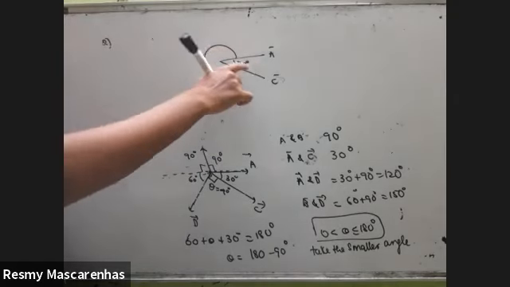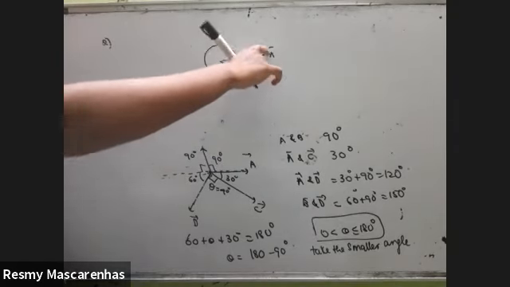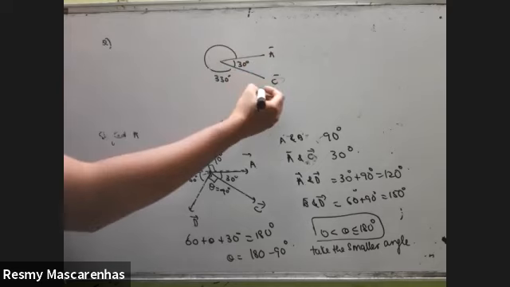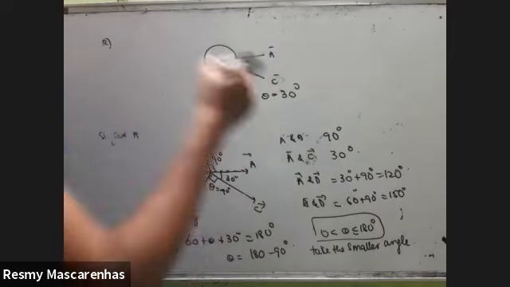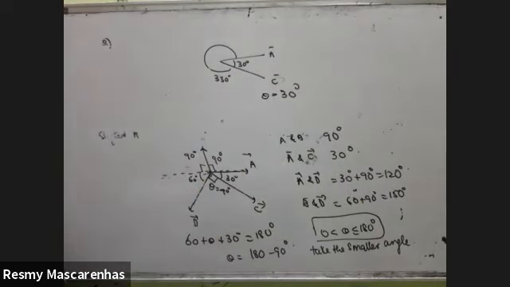So you have two options to write. The angle between A and C is what? 30 or this. So theta always you have to take 30 degree because always the angle has to be less than 180. You have to always take the smaller angle. Any doubts in this? You can ask.